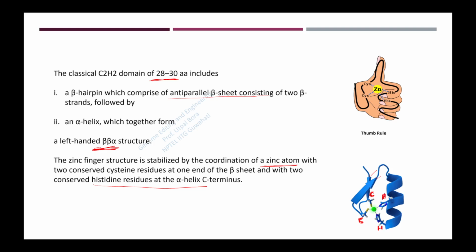Other amino acids present in this 30 amino acid fold form a consensus sequence, which means they are more or less similar but not exactly identical. They can vary, but these cysteine and histidine are the invariant amino acids, conserved through all of this C2H2 type of zinc finger proteins.